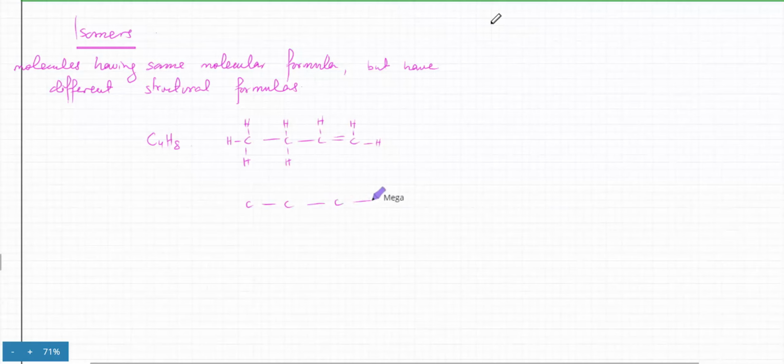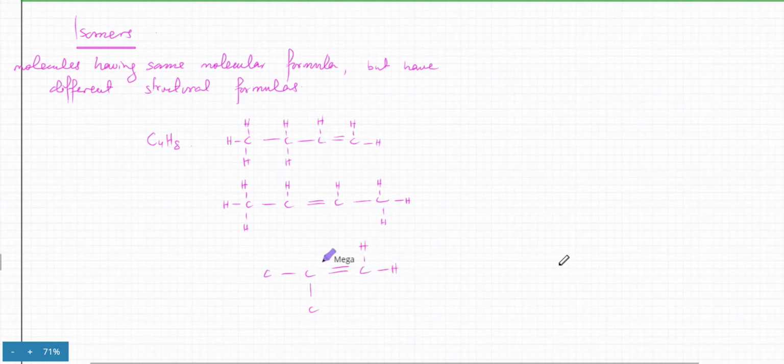The double bond could be on the second carbon atom, and this could be an isomer because it has a different structure. Or there could be another version of the molecule with the same molecular formula but a different structure. It could be 3 carbon atoms in a row, with a carbon atom coming out as a branch. This is still C4H8.